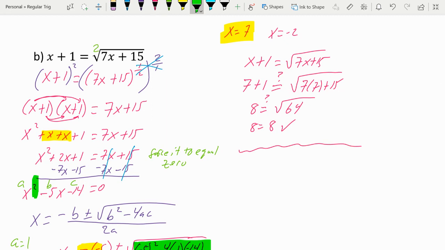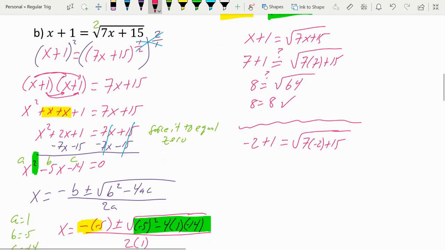Now I'm going to try x equals negative 2. So I have negative 2 plus 1 is equal to the square root of 7 times negative 2 plus 15. Well, the left side gives me negative 1.